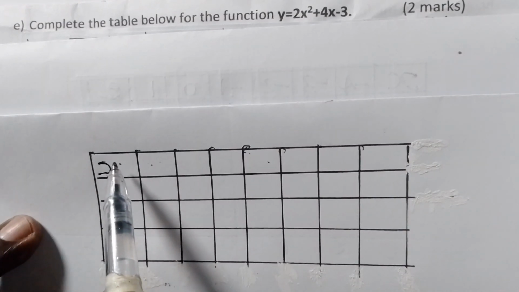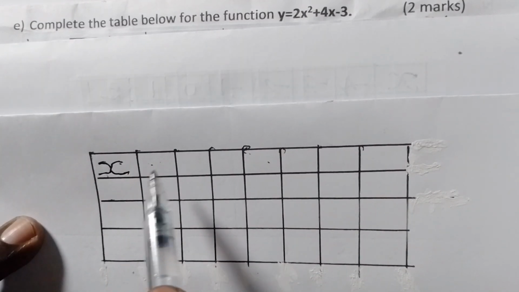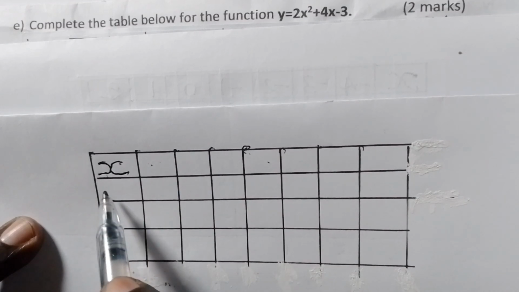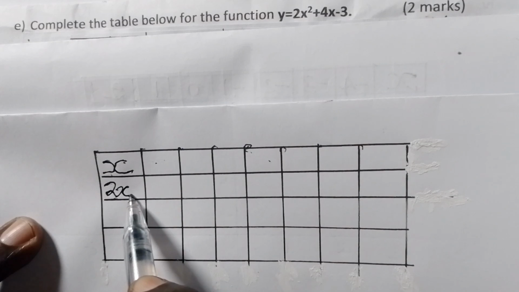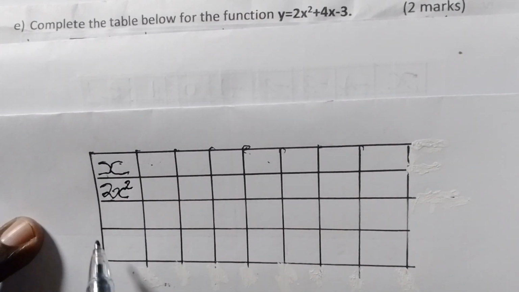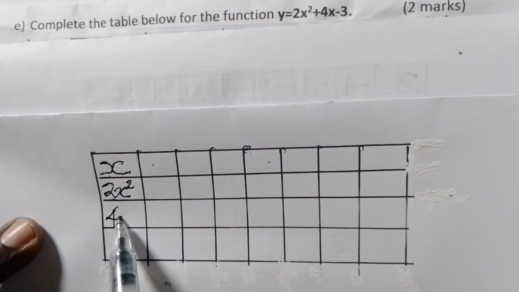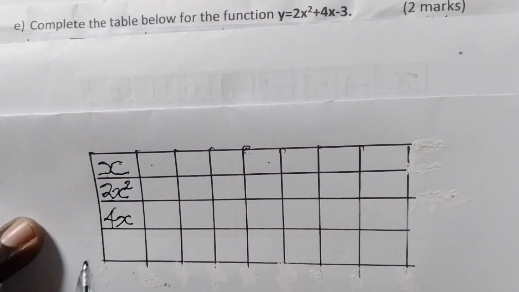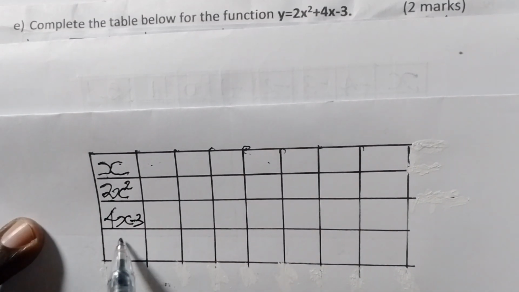Write the value of x, and then below x write 2x squared, and then after that write 4x minus 3, and then below 4x minus 3 write y.